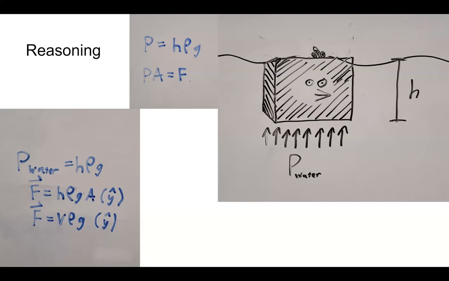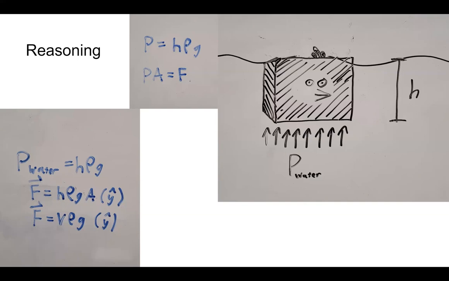So we start with our equation for the pressure from the water, which is the depth H times rho times g. To get the force, we substitute that into the other equation, so the force due to buoyancy is equal to H times rho, the density, times g, the gravity, times A, the area at the bottom.